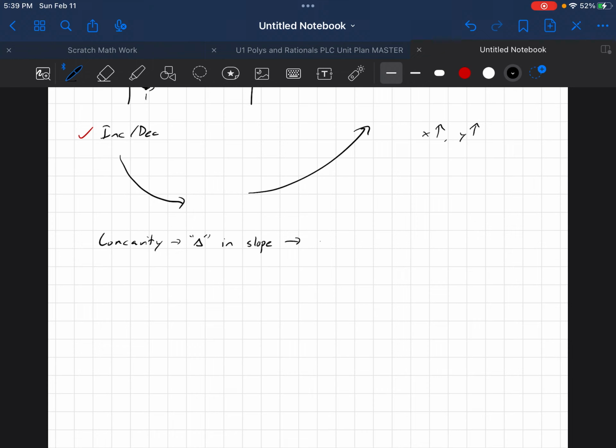Okay, if the slope is increasing, you have positive concavity, or we call it concave up. Both of these graphs that I have here are concave up because as we move to the right, and for increasing, decreasing concavity, we talk about as we move to the right. As we move to the right here, the slope of this graph is actually increasing because it's getting less negative, right? I hope you guys can see that.